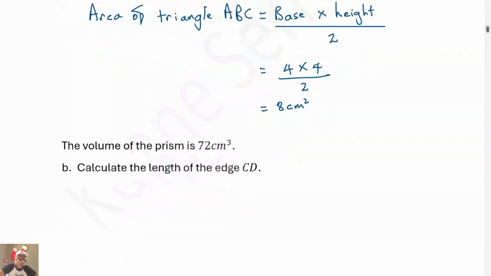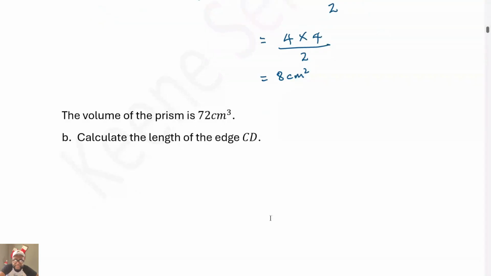So somebody tell me what is the formula for volume, because I need to engage that formula, right? What is the formula for volume of any prism? Go ahead. So the area of cross section.